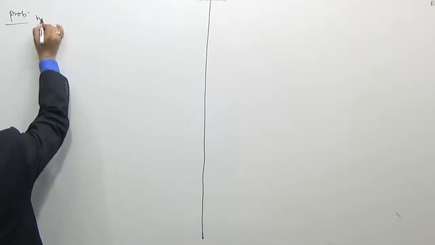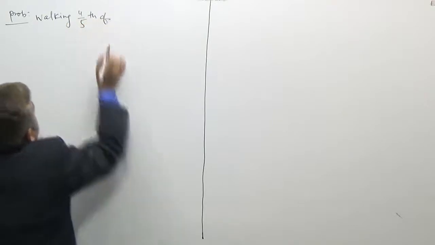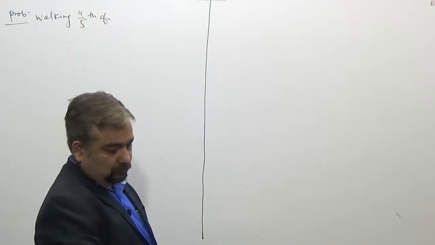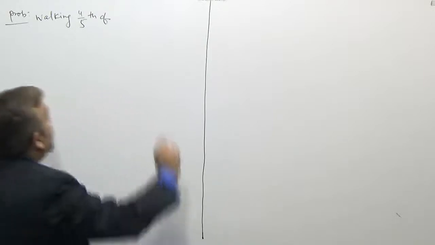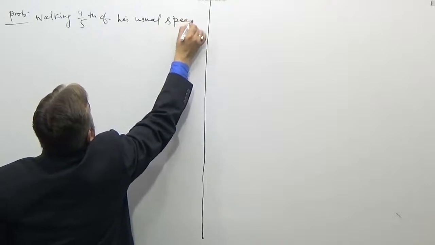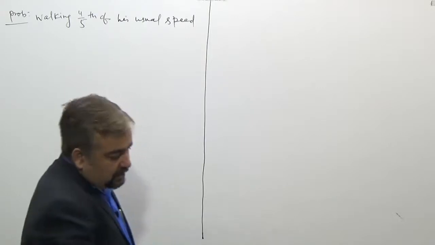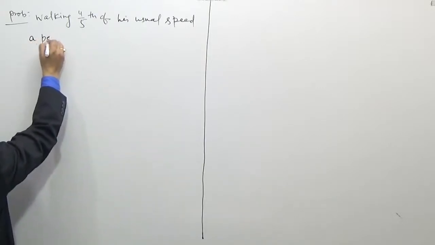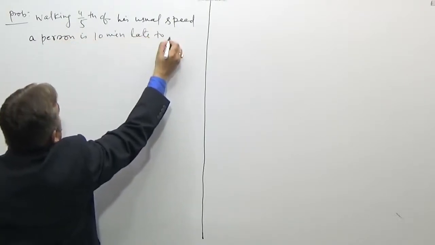Second problem is: walking at 4/5 of his usual speed, or you can say normal speed, a person is 10 minutes late to his office.